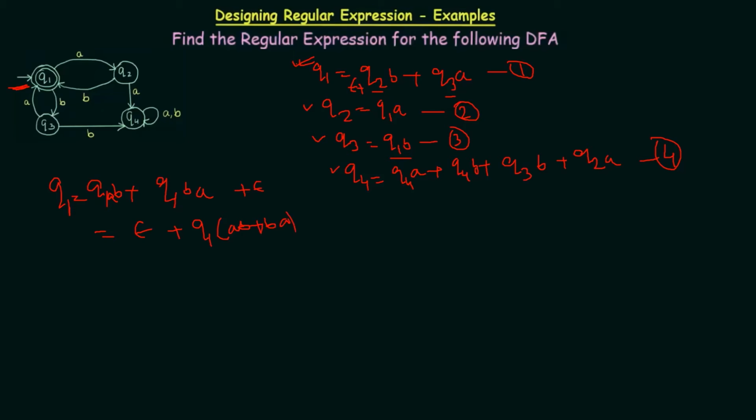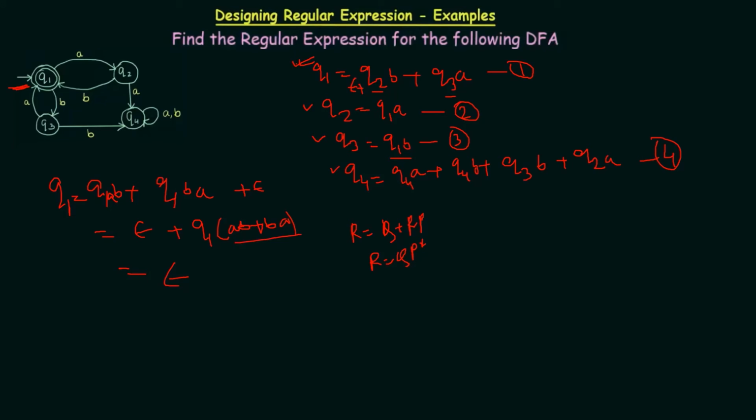Now this is again looking like Arden's rule, R equals Q plus RP. So the solution must be R equals QP star. Here Q is epsilon and P is this thing.